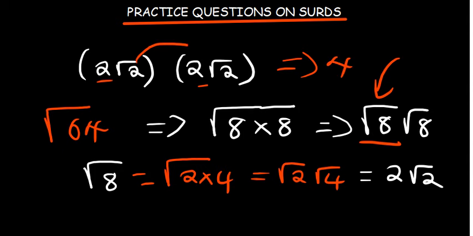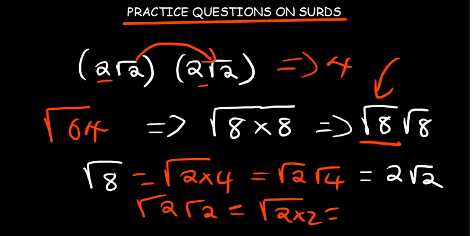Then root of 2 multiplied by root of 2 is what? So we said root of 2 is the same as root of 2 times 2, which is going to be a root of 4. Root of 4 is a 2, so I have a 2. So we've basically seen that our result is 8. Okay, so that is what we're trying to say.